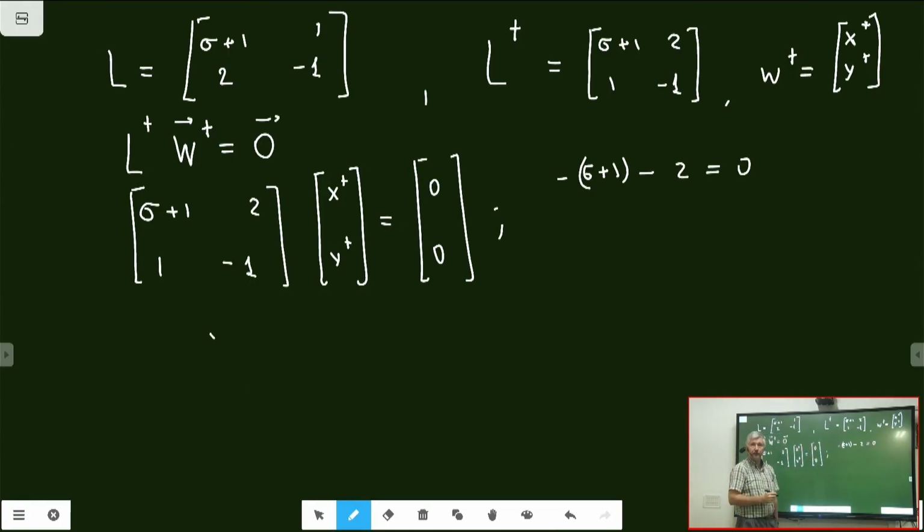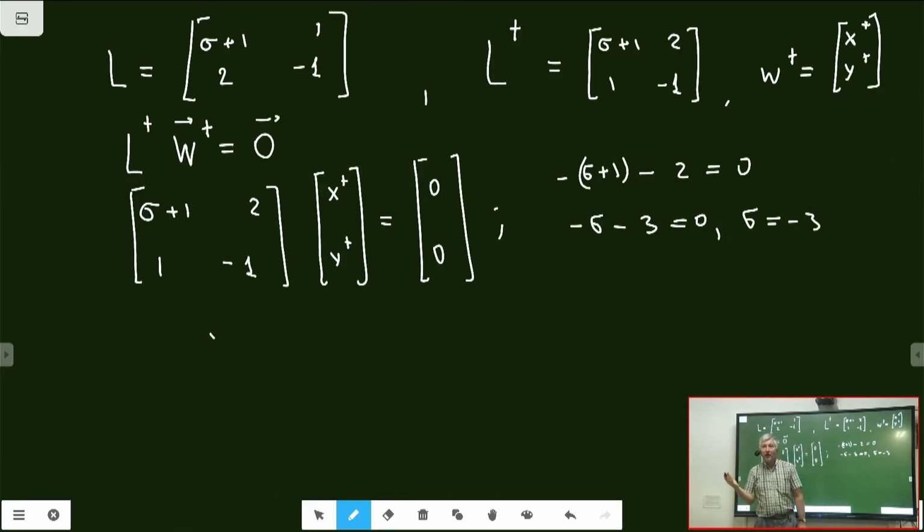Agree? So what's the value of sigma? What is it? So minus sigma minus 1 minus 3 is equal to 0. So sigma is equal to minus 3. So it's the same.